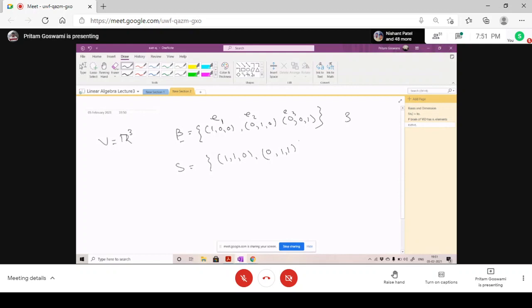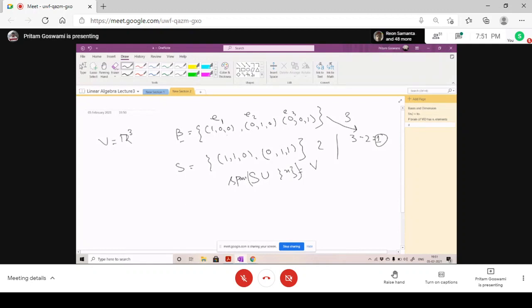Now the theorem assures that here the number of elements is 2, right? So the theorem assures you that you will find one element from this beta such that S union that element, say X, will generate the whole V. Yes, sir.